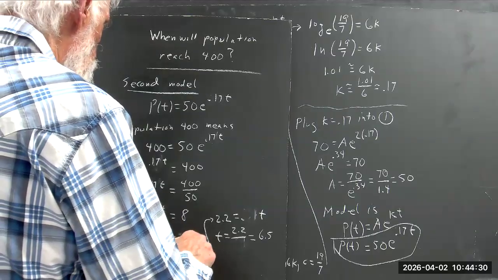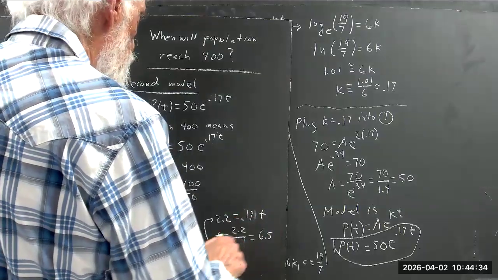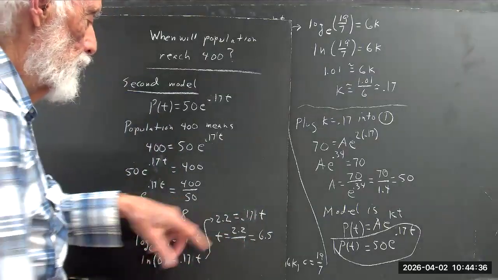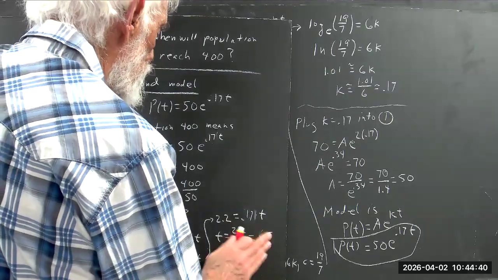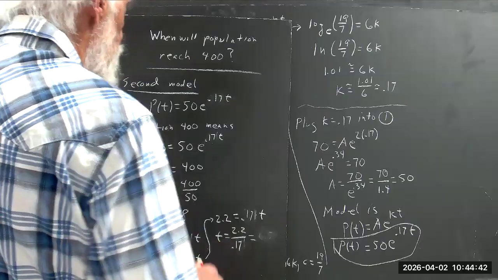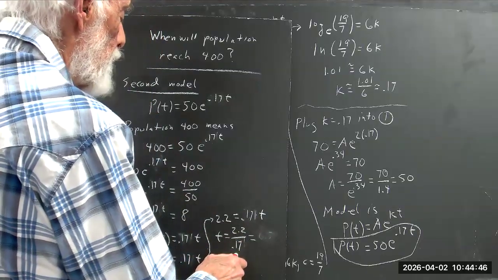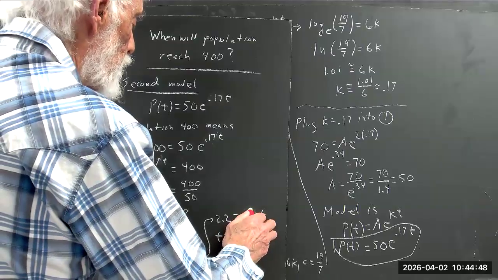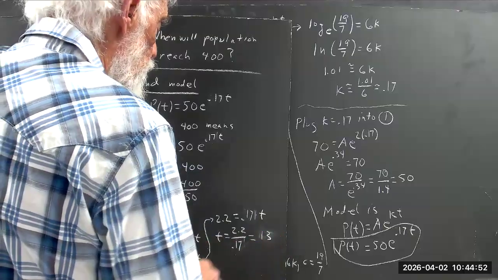So I change all those 0.34s to 0.17s, and now I get t equals 2.2 over 0.17, which I estimated when I divided by 0.34 as 6.5. I'm dividing by 0.17, which is half of 0.34, so I ought to get double 6.5, which is 13.